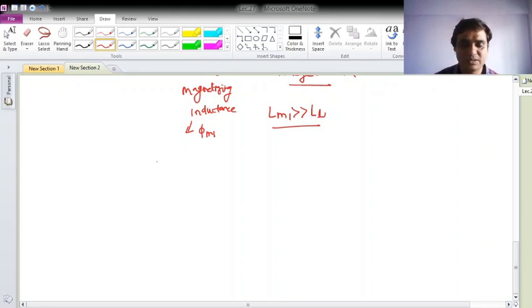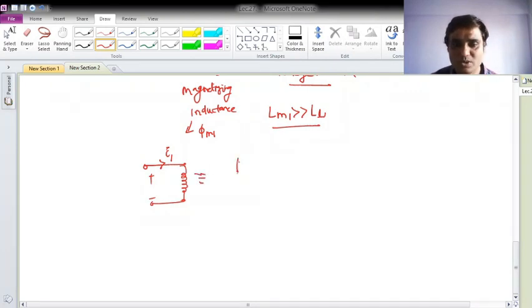Now with this, let me draw the shortcut representation instead of drawing the magnetic circuit and all. Suppose I draw the coil like this, where current I1 was flowing and the polarities are this. As we know, an inductor stores magnetic energy, so it is equivalent to an energy source, which will be this way.